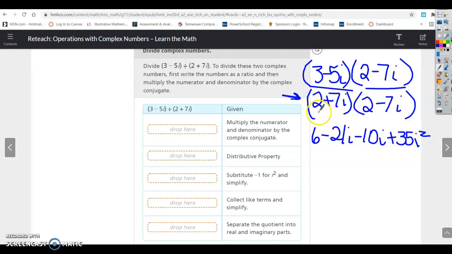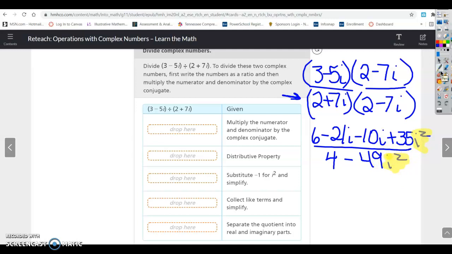All right, and then on the bottom, we're going to do 2 times 2, which is 4. And then we're going to have minus 14i plus 14i. So the middle terms cancel. And then we have minus 49i squared.